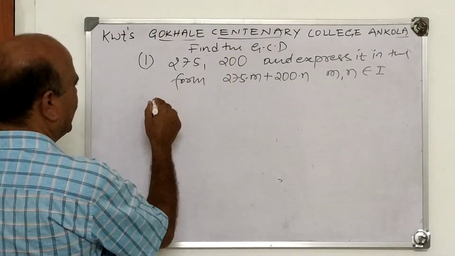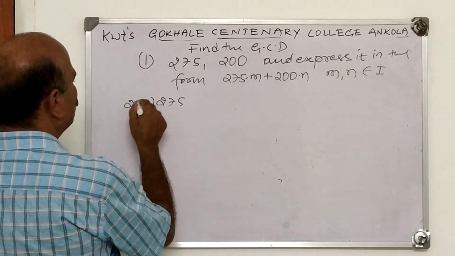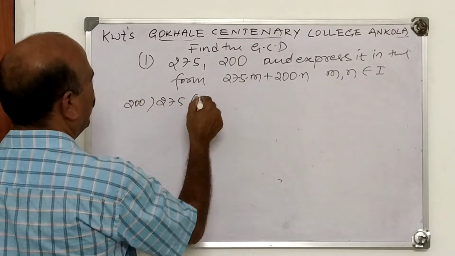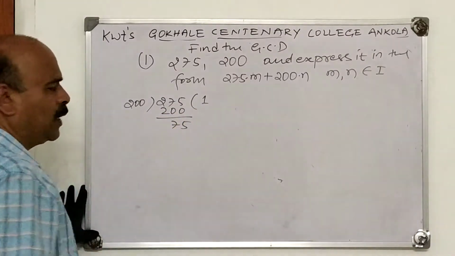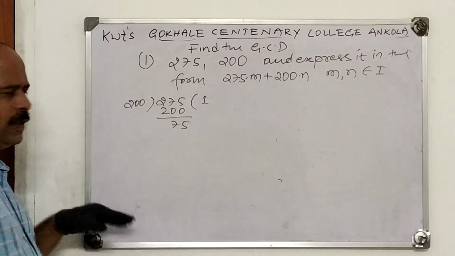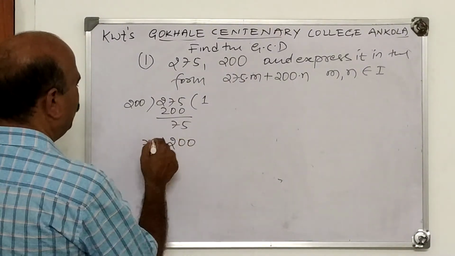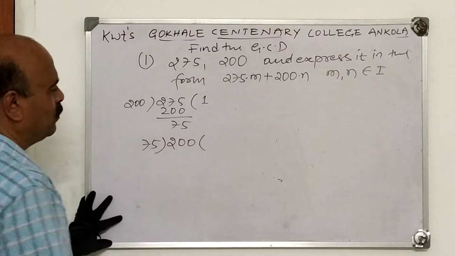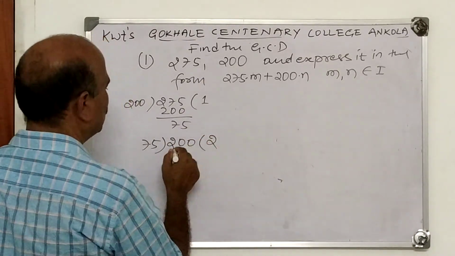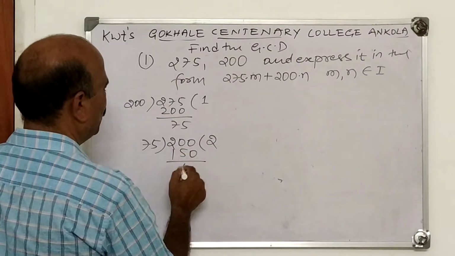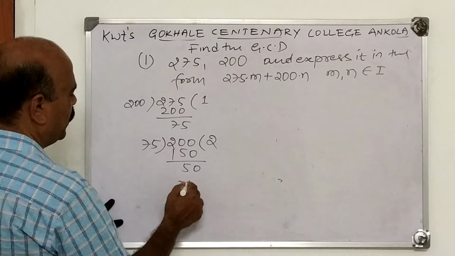See, the procedure is like this. 275 is greater than 200, therefore we divide 275 by 200. 1 is the quotient. What is the remainder? 75. Am I correct here? Next, divide the first divisor by this first remainder, 75. 75 into 2 is 150. 50 is the remainder. Next, you have to divide 75 by 50.